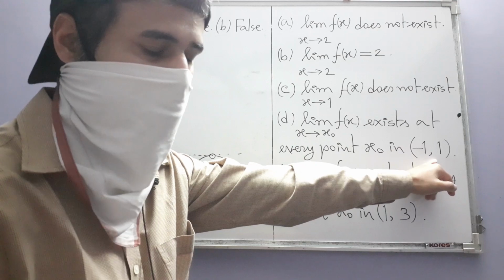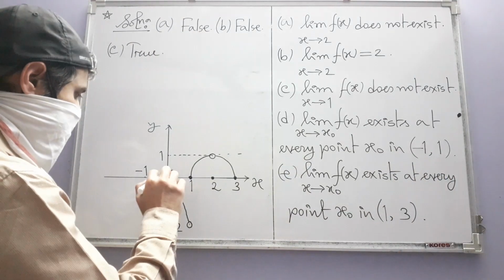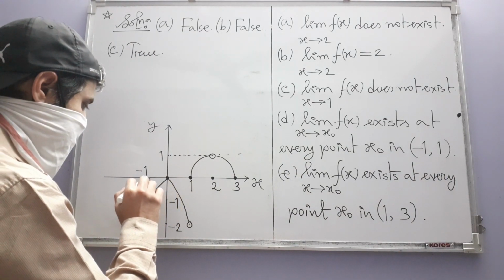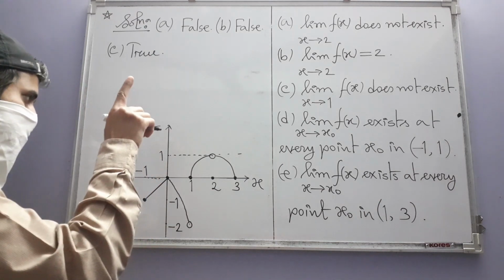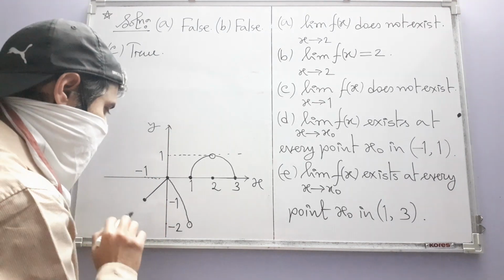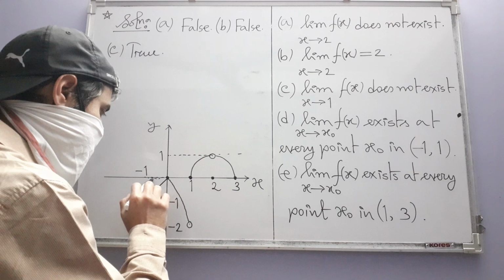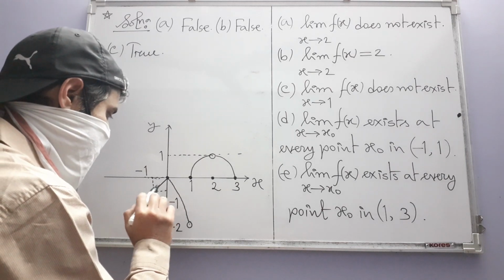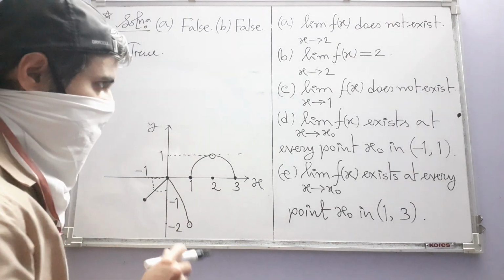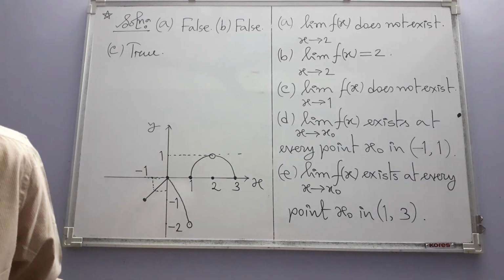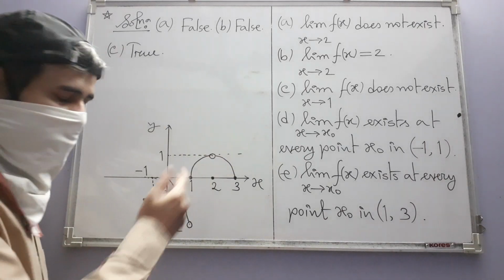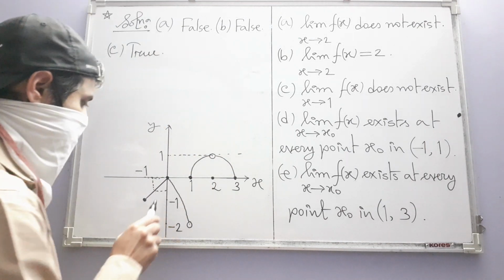So either x naught lies on this side, and we have already seen in the previous solution that in that case the limit does exist. In fact, the graph is also exactly the same on that side as in the previous exercise.